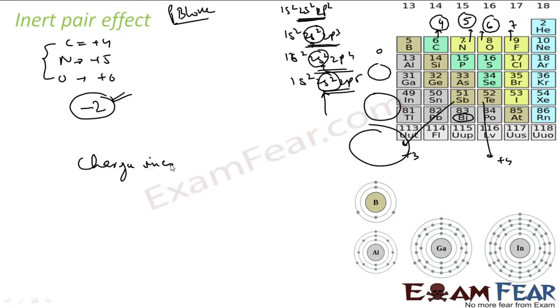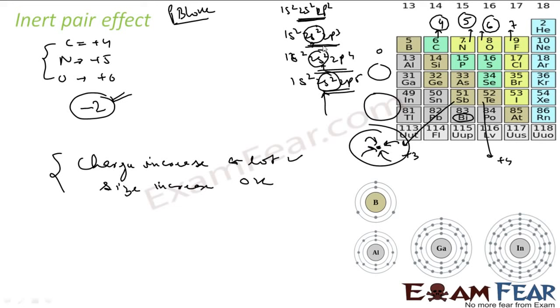The increase in the nuclear charge is much more than the corresponding increase in size. So the atom has more charge. It will hog the electrons. It will attract the electrons.